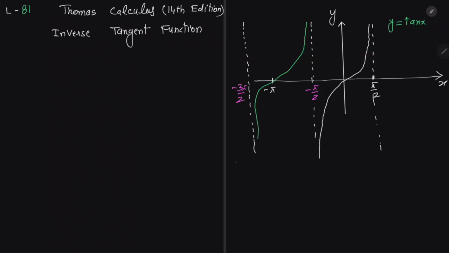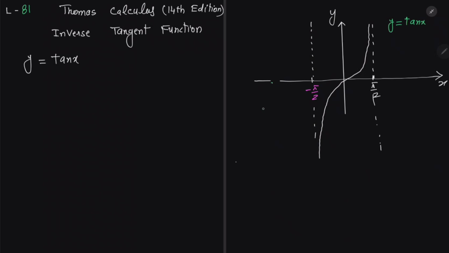First of all, in order to find the inverse tangent function, we have y is equal to tangent x, and we want to restrict the domain so that we get a one-to-one function and we get an inverse function. So I erase this branch and all the other branches as well, and what I get is a function which is one-to-one.